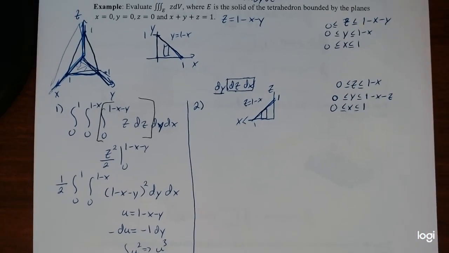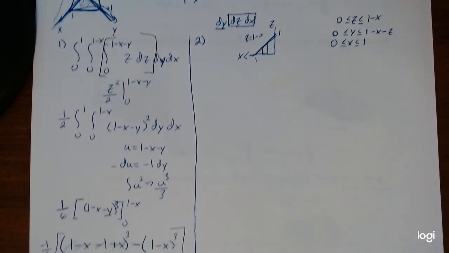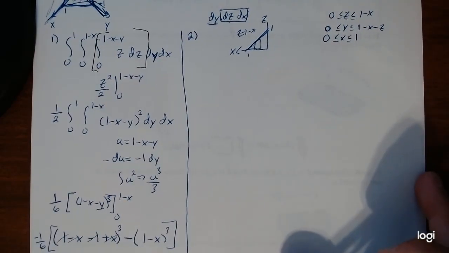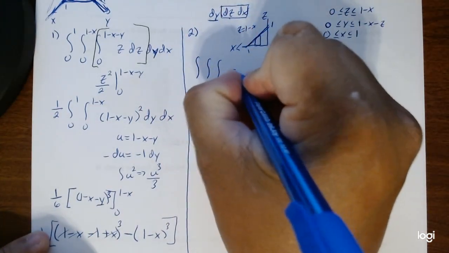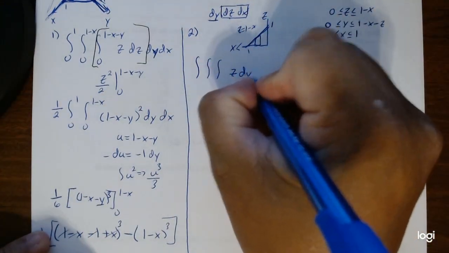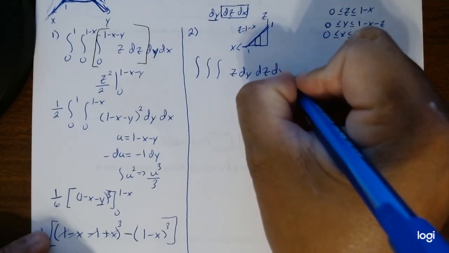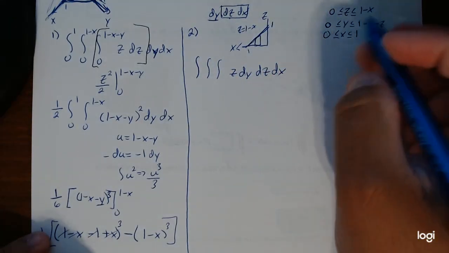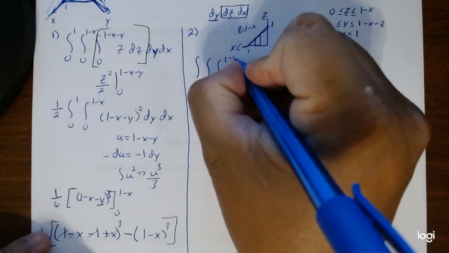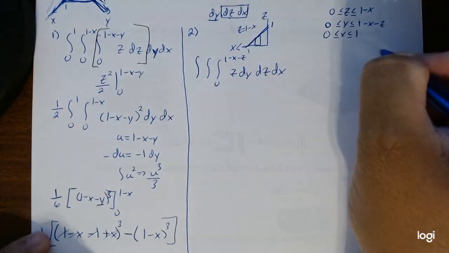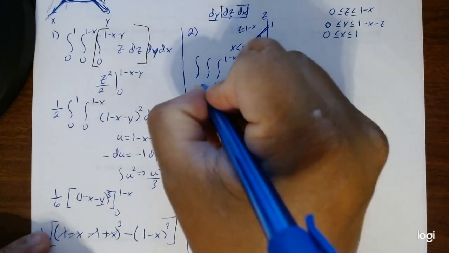And now we just do this integration with respect to our new bounds. So dy, dz, then dx. So first with dy, next with dz.